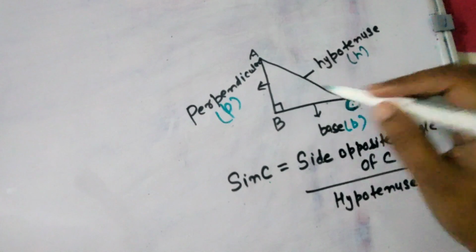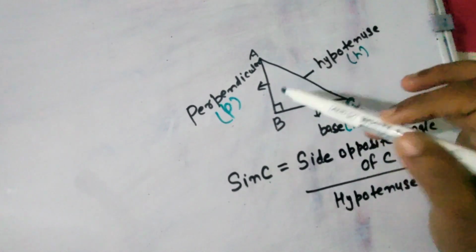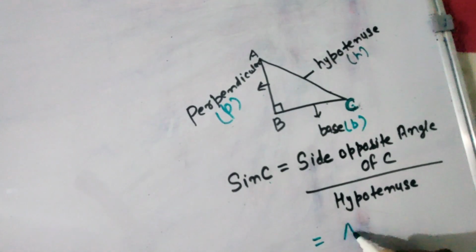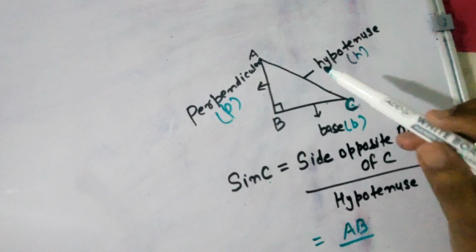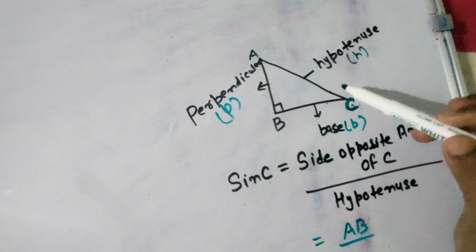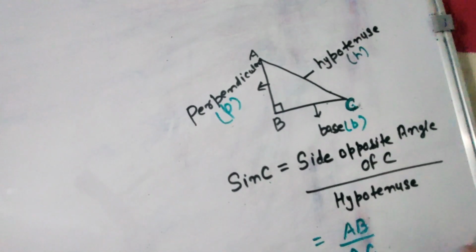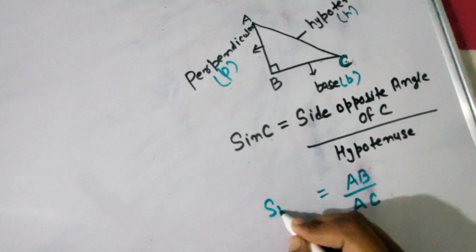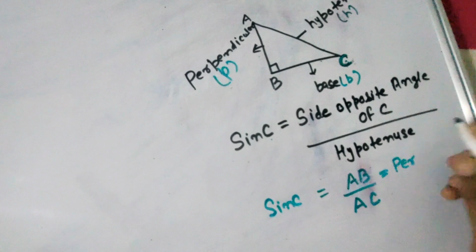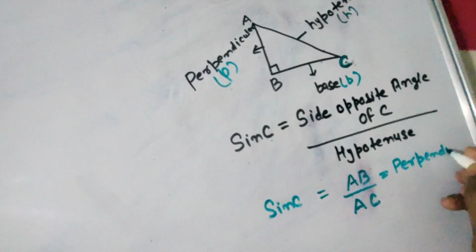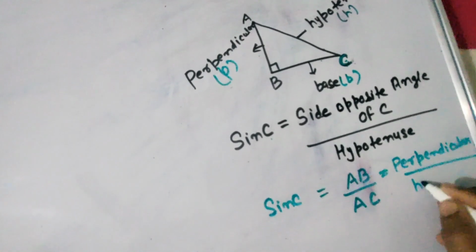The side opposite this angle is AB, which is opposite to C. And the hypotenuse is always AC, because in a triangle the biggest side is the hypotenuse, and it never changes. So sine C equals AB, which is the perpendicular, over AC, which is the hypotenuse.